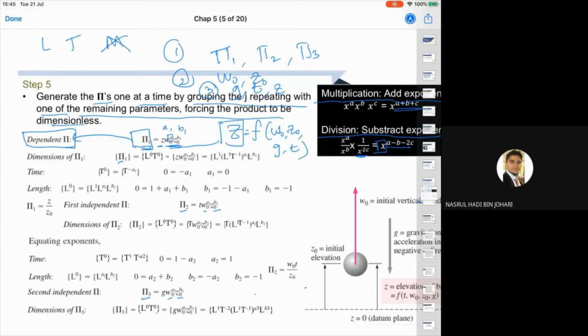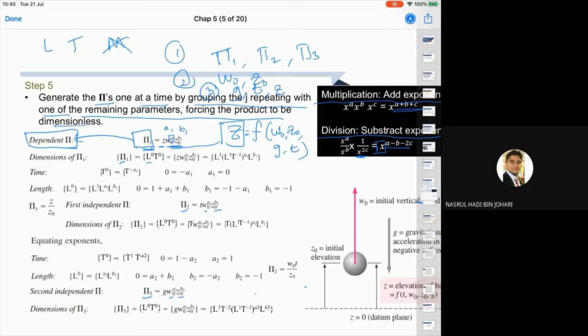So we put L to the power of 0, T to the power of 0, equal to Z, W0 to the power of A1, Z0 to the power of B1. Okay, then you can analyze it like this. You put them together. Remember, Z is the elevation. The dimension is L, meter, distance.